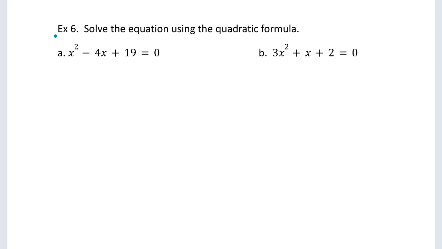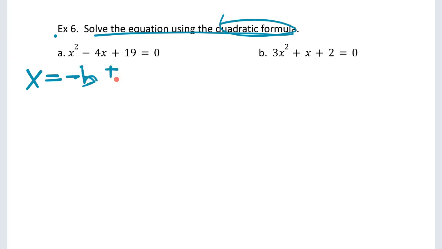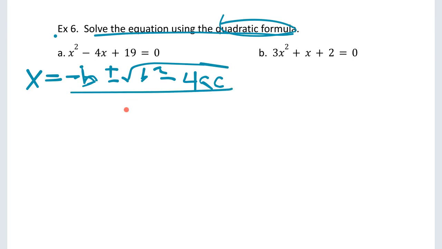Okay, lastly we have something we call the quadratic formula. x equals negative b plus or minus the square root of b squared minus 4ac, over 2a.